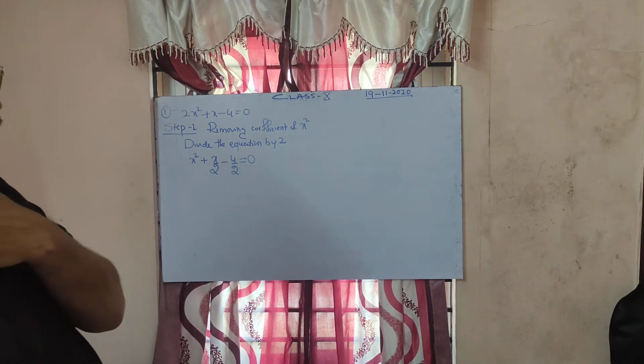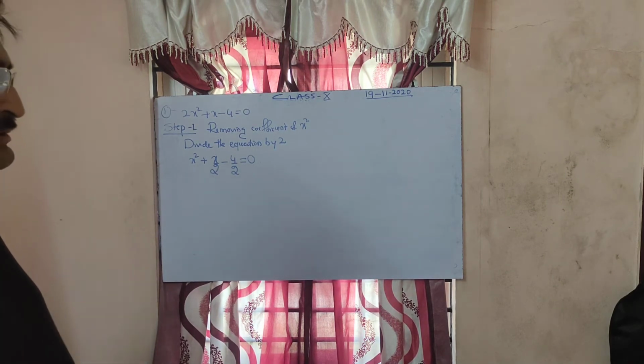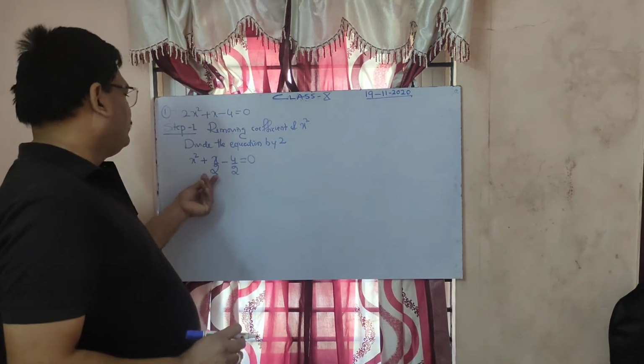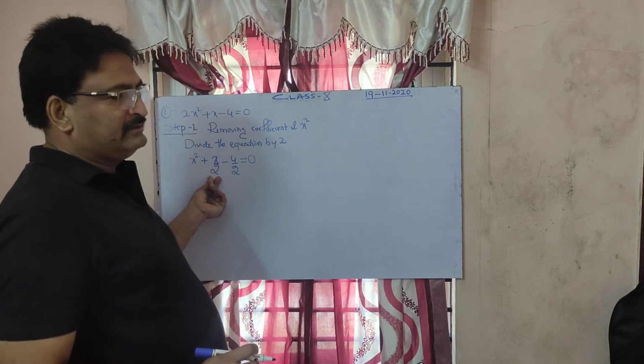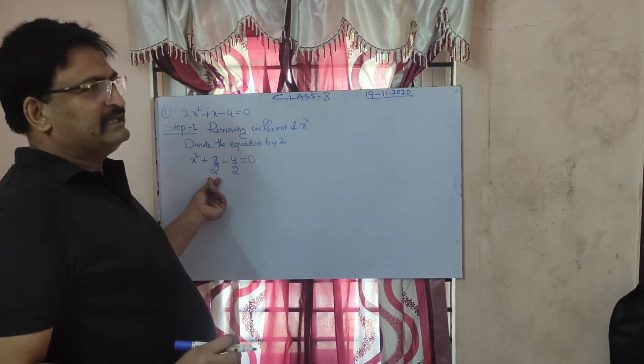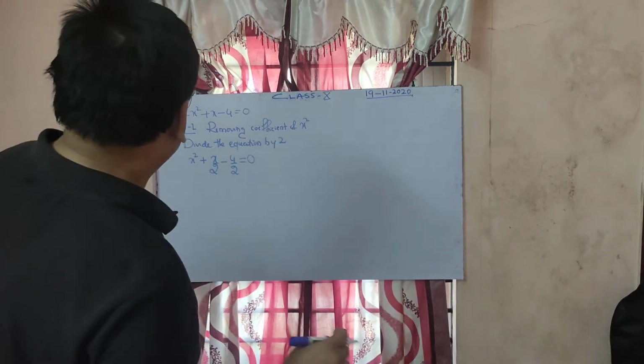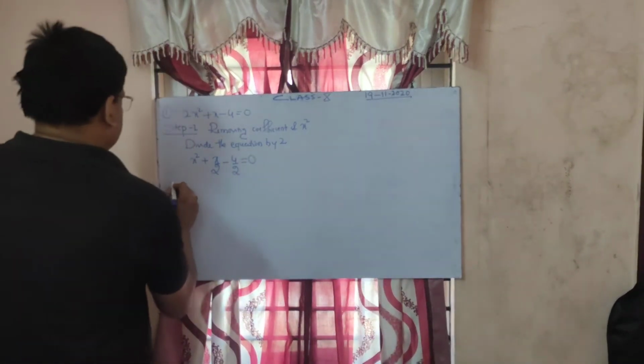So what is the second step I told you? You have to select B first of all. Whatever B is there, you have to take half of it. Okay, now step number 2.